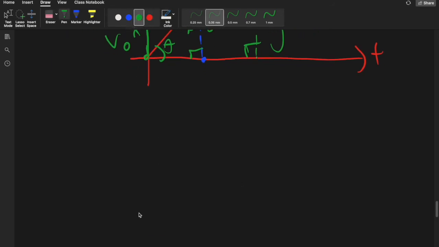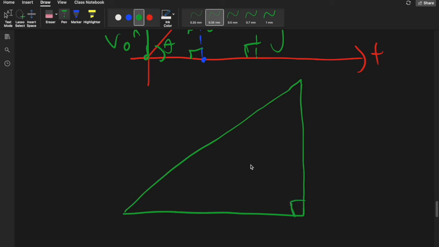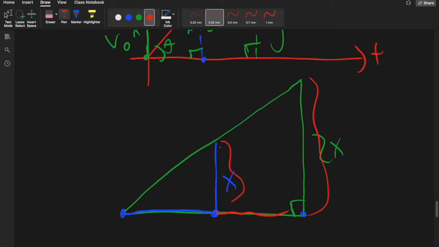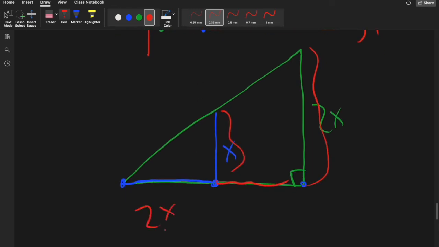So here, if here is a big triangle, and here is x, we know, let's say this line here, right? So we want to know if those two lines are equal. Well, because those two lines have a ratio of 2x over x, which is equal to 2.